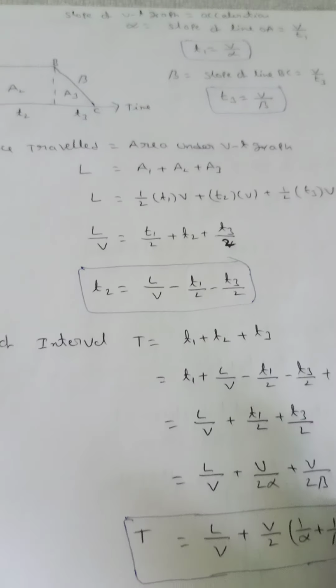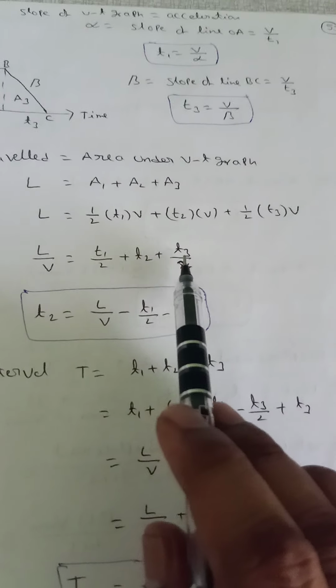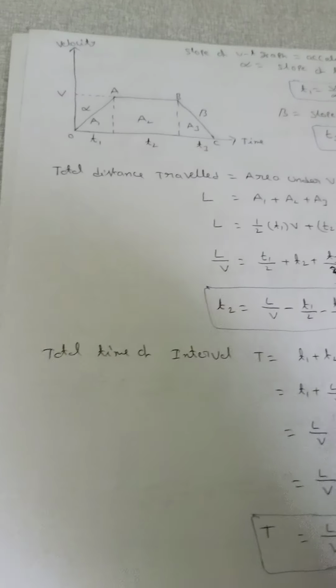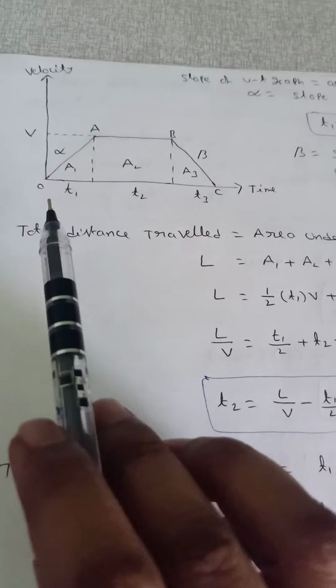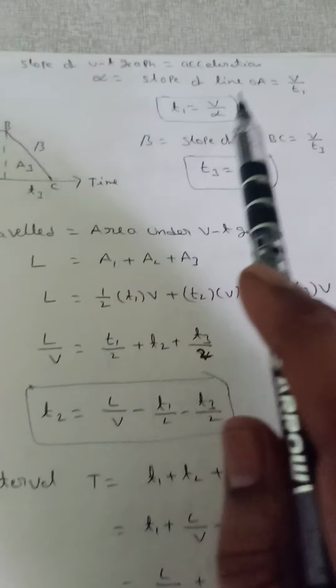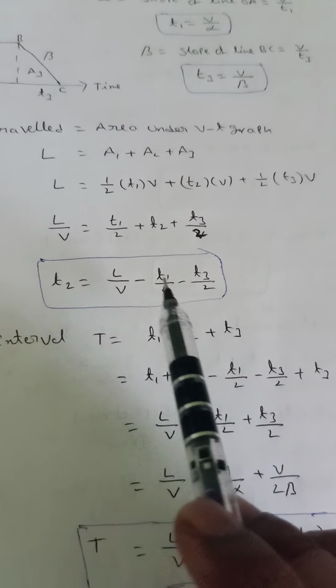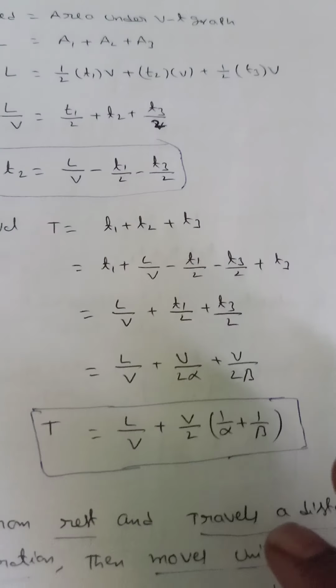To find the unknown value, t2 is equal to L by V minus t1 by 2 minus t3 by 2. Now find the total time interval between the two stations, t1 plus t2 plus t3. t1 is V by alpha, t2 is L by V minus t1 by 2 minus t3 by 2, and t3 is V by beta.